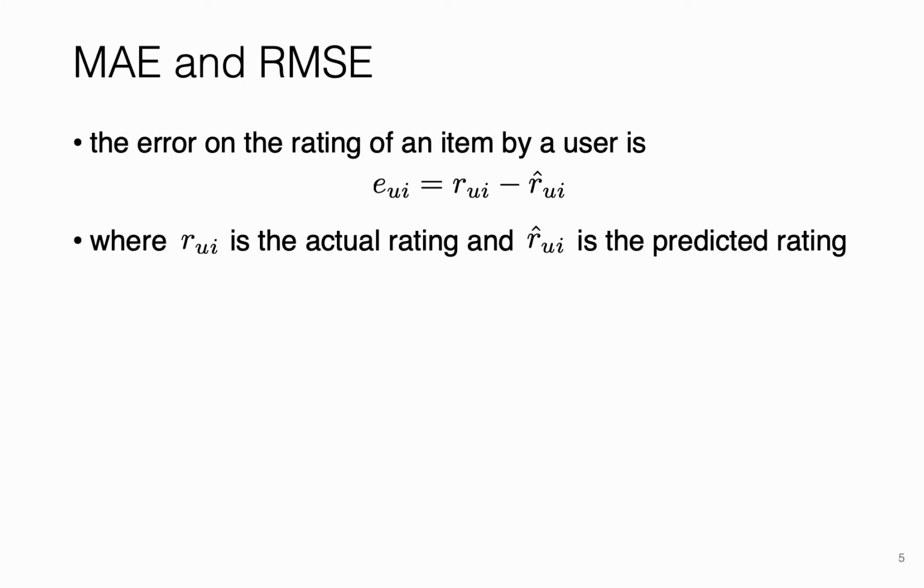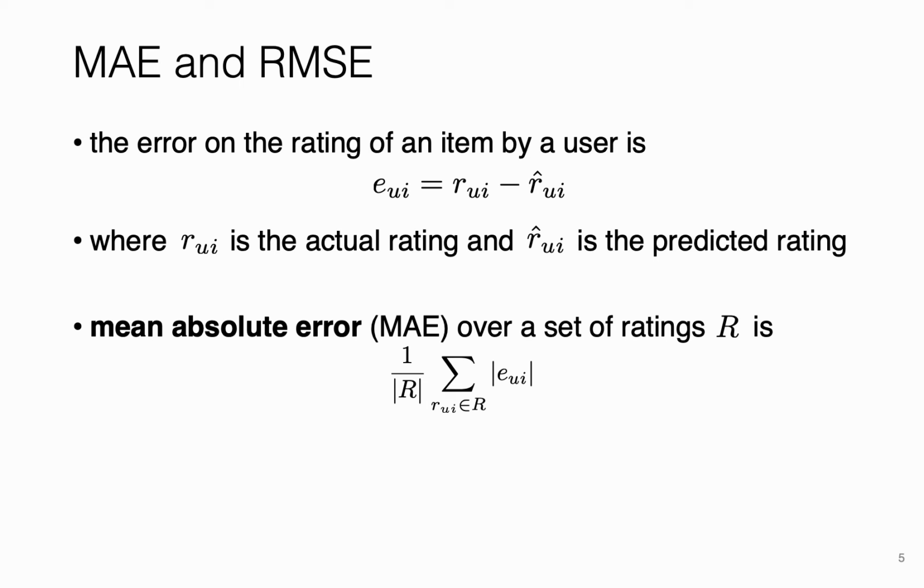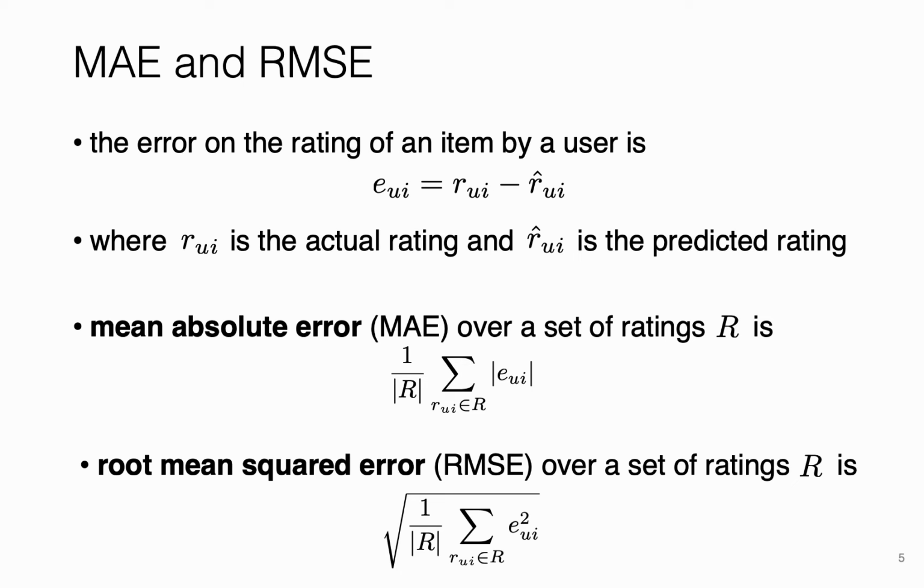The mean absolute error, or MAE, is the mean over all known ratings. So it looks like this. The root mean squared error, or RMSE, is the square root of the mean squared error over all known ratings.